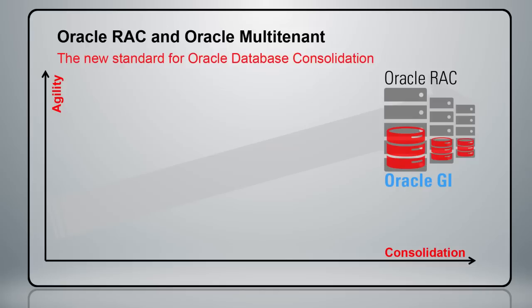This option provides a higher consolidation level and goes perfectly well with Oracle RAC, because Oracle RAC in the shown infrastructure would provide you with scalability and high availability, whereas pluggable databases or Oracle Multitenant would provide you with the highest consolidation level. Together, RAC and Multitenant build the new standard for Oracle database consolidation.